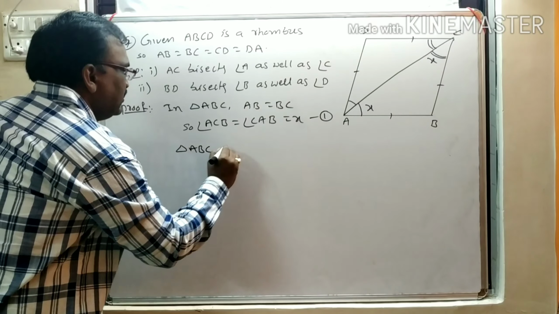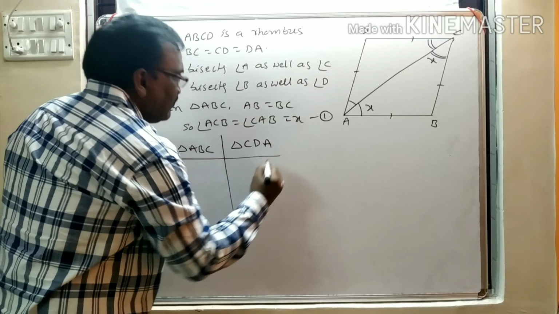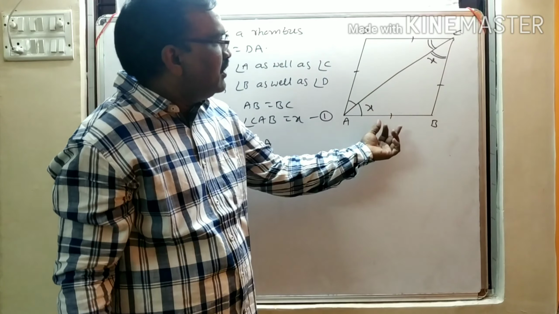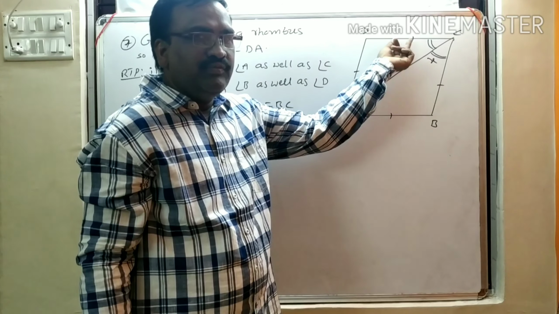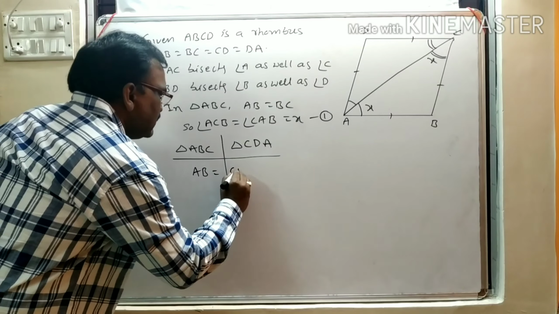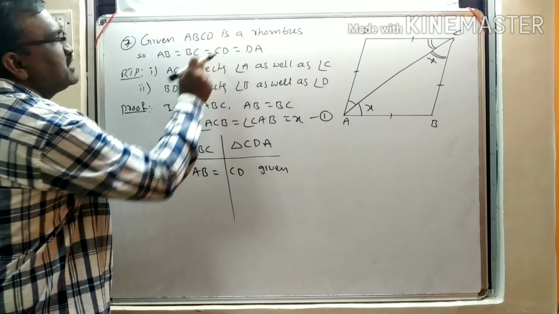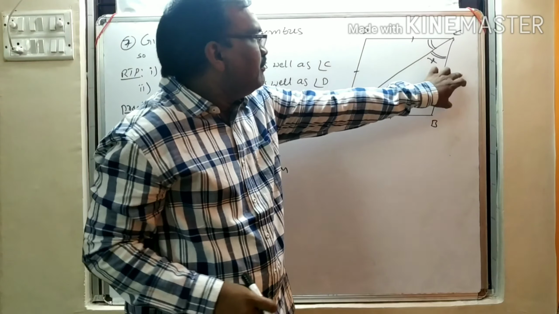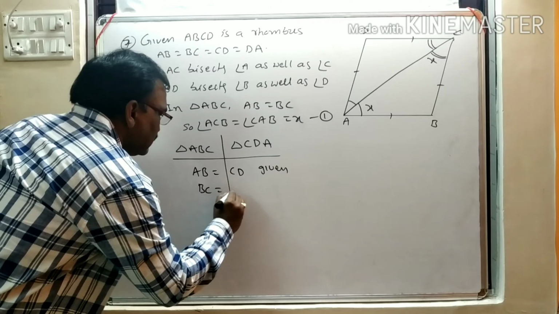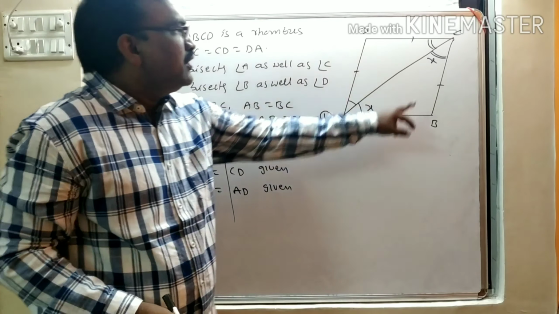Next, observe the triangles ABC and CDA. What are equal? AB is equal to CD, this is given. Next, BC is equal to AD, this is also given. What is AC?